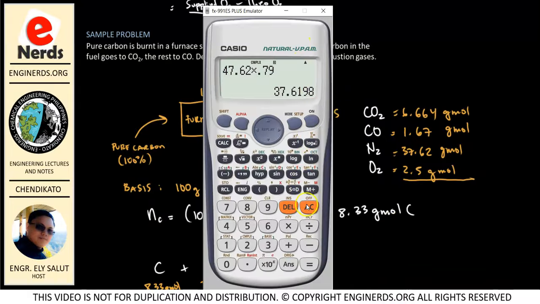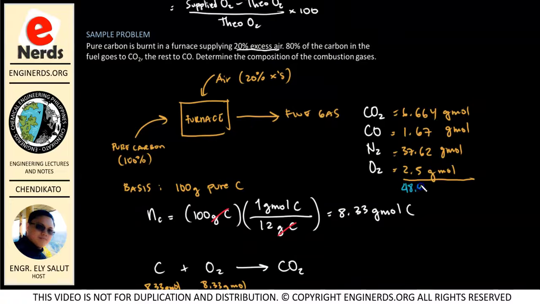So, what's the total gram mole ng ating flue gas? 6.664 plus 1.67 plus 37.62 plus 2.5 is equal to 48.454 gram mole.